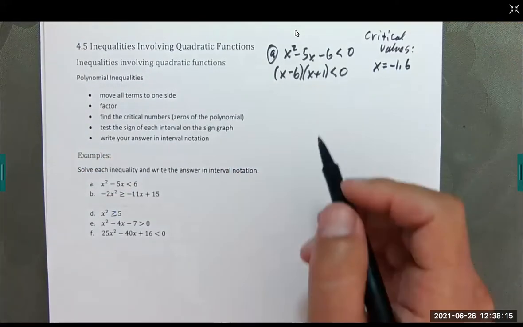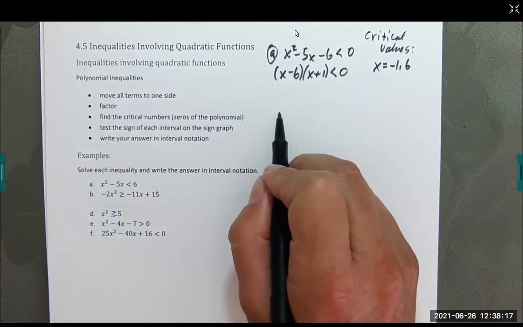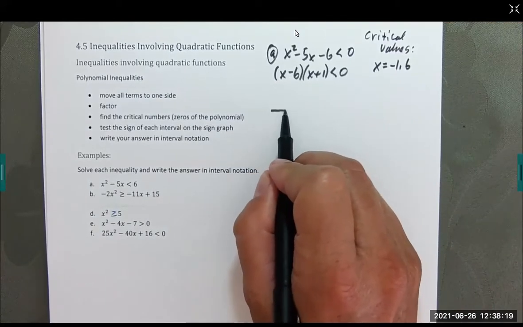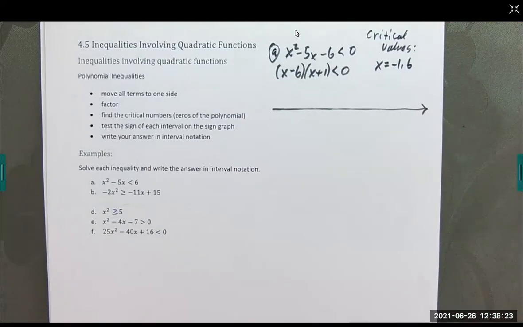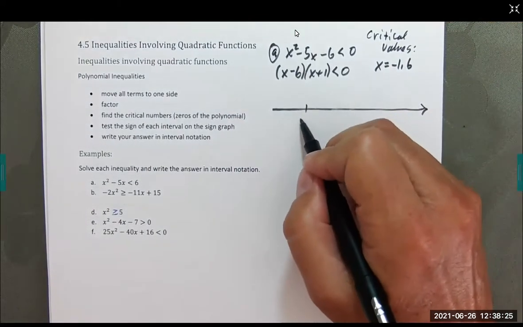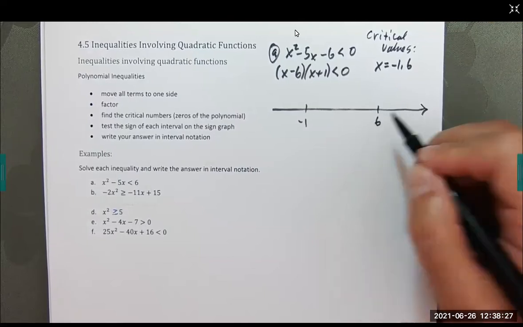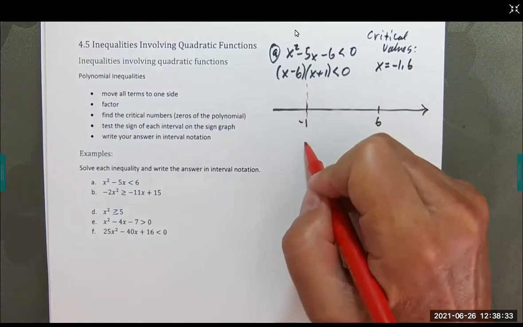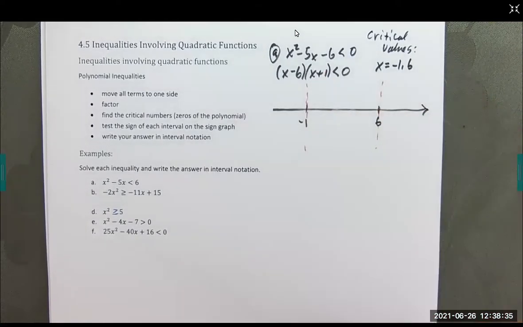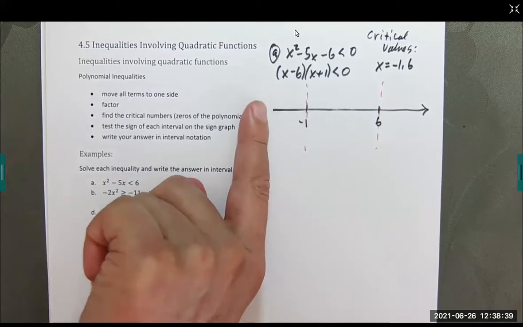And what we're doing with this is we are going to come up with a way to check where we're negative and where we're positive. So I'm going to put negative 1 here, 6 here. And I'm going to break this up in partitions, as it were. And I'm going to choose a value of x to the left of negative 1.